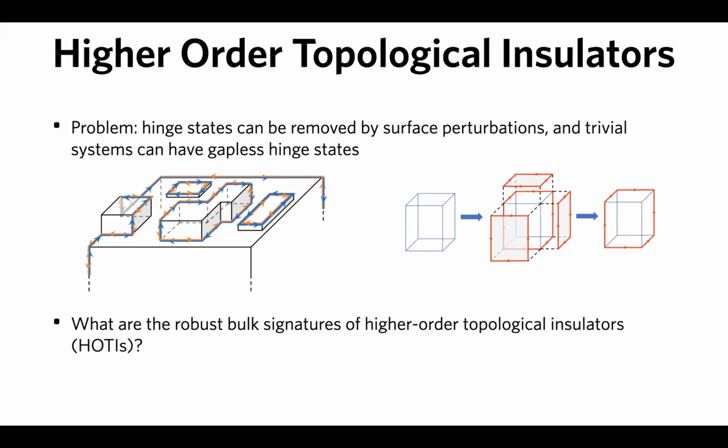We can get into some terminological issues about whether or not order in that sense is necessarily the best way to think about things, but yes, I'm talking about 3D systems with hinge states, 2D systems with corner states, and 3D systems with corner states actually, with only crystal symmetries, do allow for exponentially localized Wannier functions, and so there's a separate story that we can talk about. So it's a definition. Yeah.